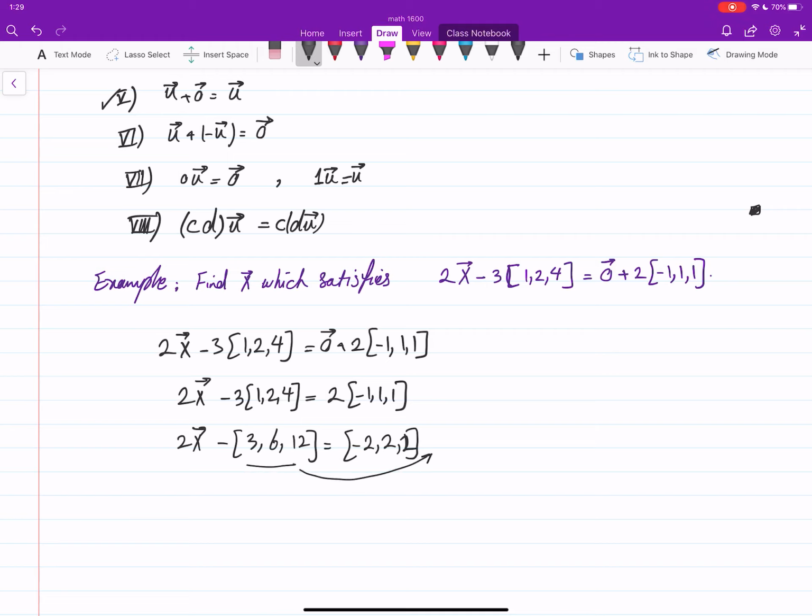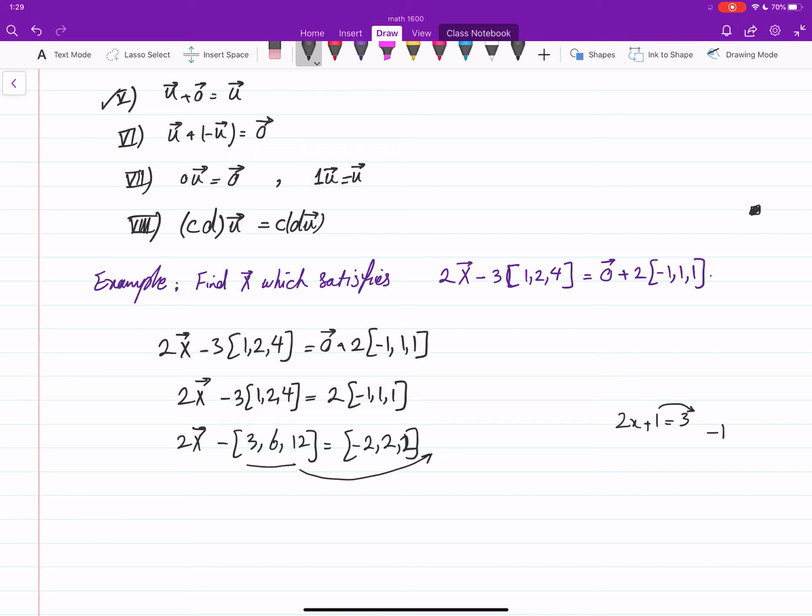Even in the numbers case, if you have 2x plus 1 equals 3, the way in practice we take 1 to the other side is that we add to both sides the negative of the number.